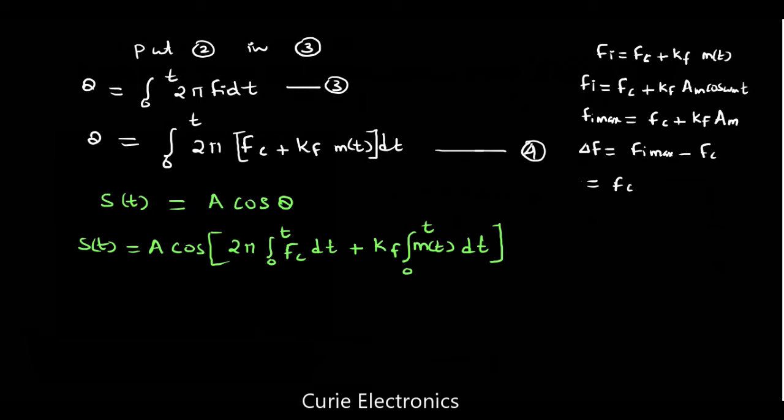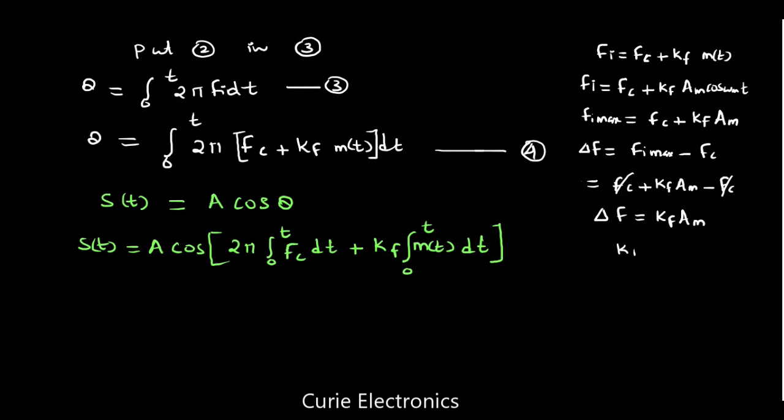That is f_c plus k_f A_m, minus f_c. Now this f_c cancels. So delta f equals k_f A_m.